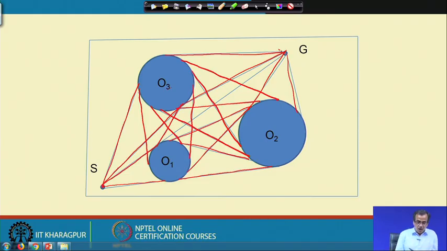Okay. Now, once you have got these particular tangents, we are trying to find out what should be a feasible path. Let us see how to find out a feasible path. Now, to find out the feasible path, actually what we do is, supposing that I am just going to start and this is the first critical obstacle. So, let me follow this particular path. Okay.